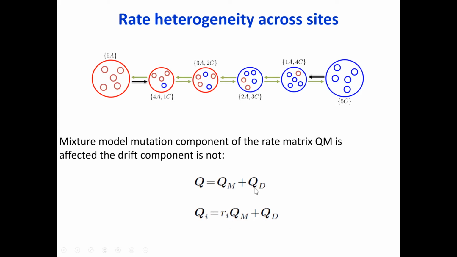It shouldn't affect any of the dynamics of the drift, right? But you can split the matrix into the mutation part and the drift part, and then only apply the rate heterogeneity to the mutational part. So that's one of the examples that POMO can be used with all kinds of different models, but sometimes you have to think a little bit more carefully how you adapt the POMO model.